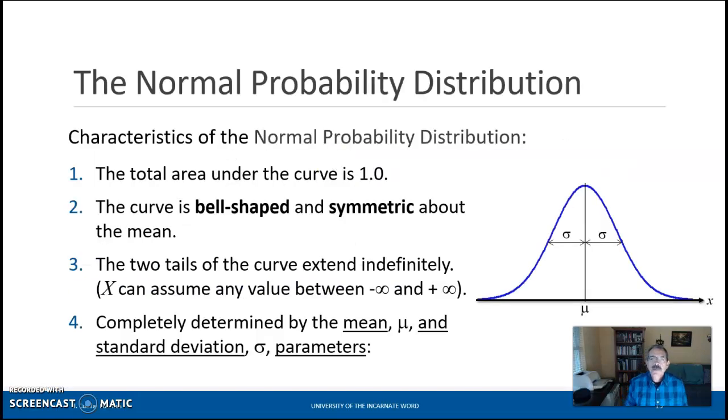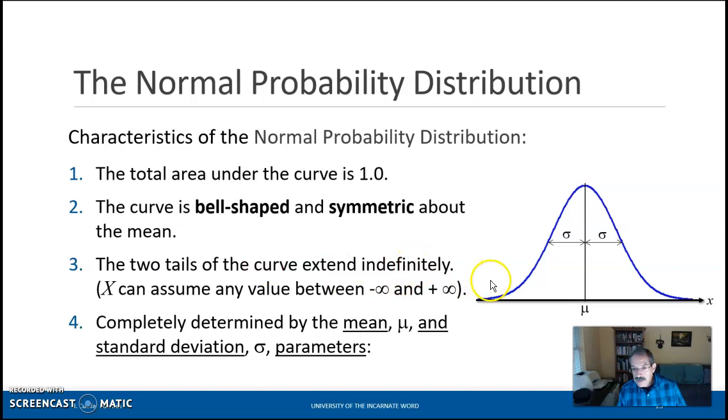Alright, the normal probability distribution is characterized obviously by the area under the curve being 1. Otherwise it will not be a probability distribution. Another very important characteristic of the normal distribution is that it's bell-shaped and perfectly symmetric about the mean.